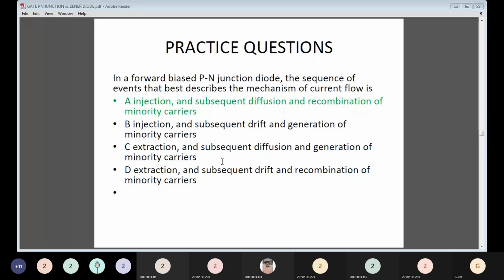In a forward bias condition, you know that the positive terminal of the battery is connected to the anode terminal of the diode, and the negative terminal of the battery is connected to the cathode terminal of the diode. So the mechanism of current flow in the forward biased PN junction diode is an injection and subsequent diffusion as well as recombination of the minority carriers from the N terminal to the P terminal.